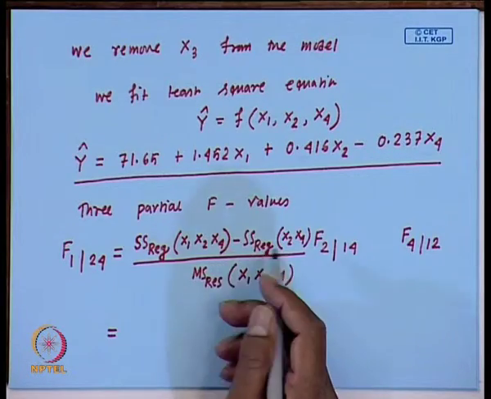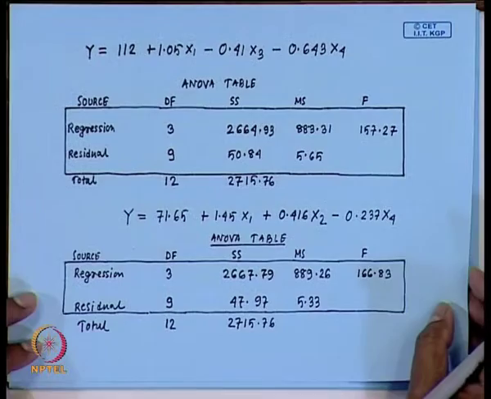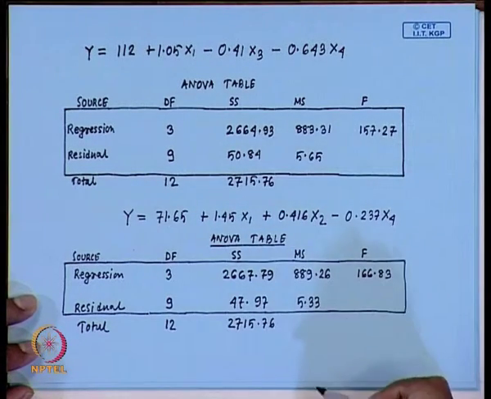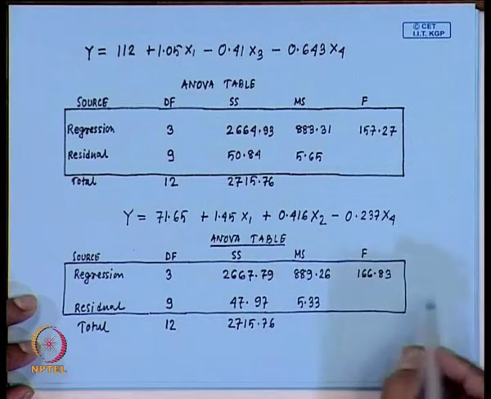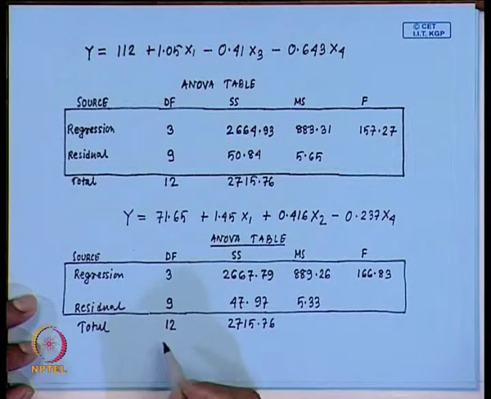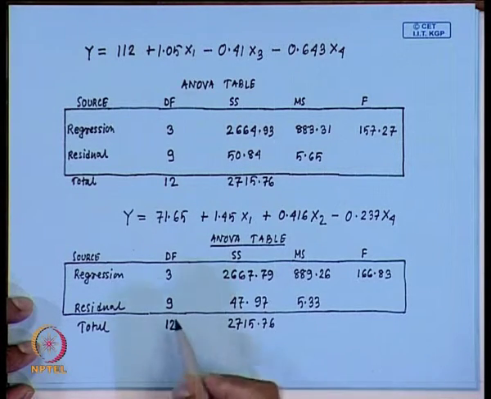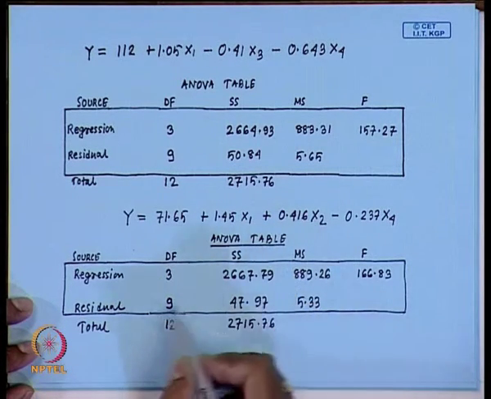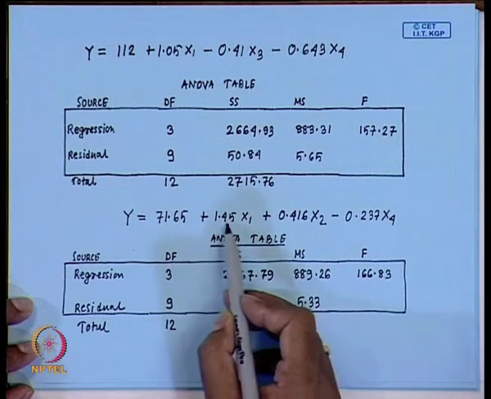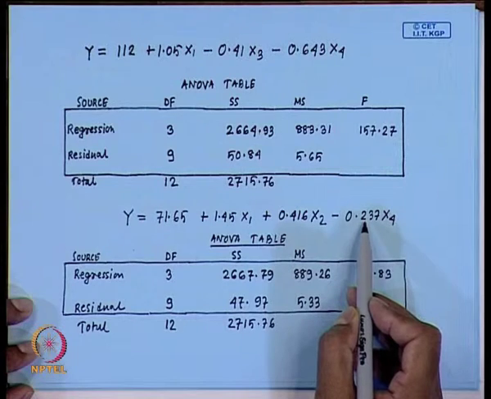So, to get this value, for x 1, x 2 and x 4, yes, I have one ANOVA table for that. Okay. So, here is the fitted equation x 1, x 2, x 4 and here is the ANOVA table. Now, you can check that the total degree of freedom is 12, this is same. Now, the residual has degree of freedom 9 because we have 1, 2, 3, 4 unknown parameters.